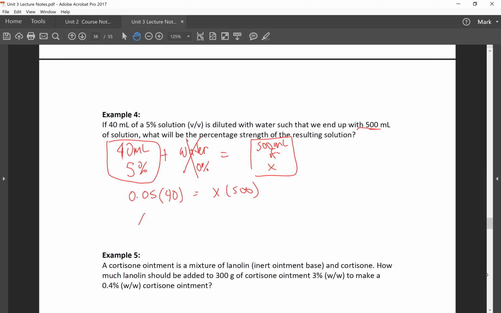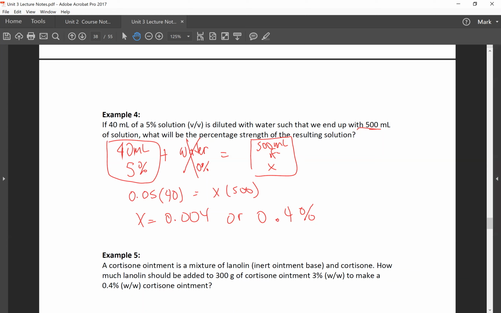So my answer is 0.004. I'm going to times that by 100. I end up getting 0.4%. All right, so that's it. That's a dilution problem.